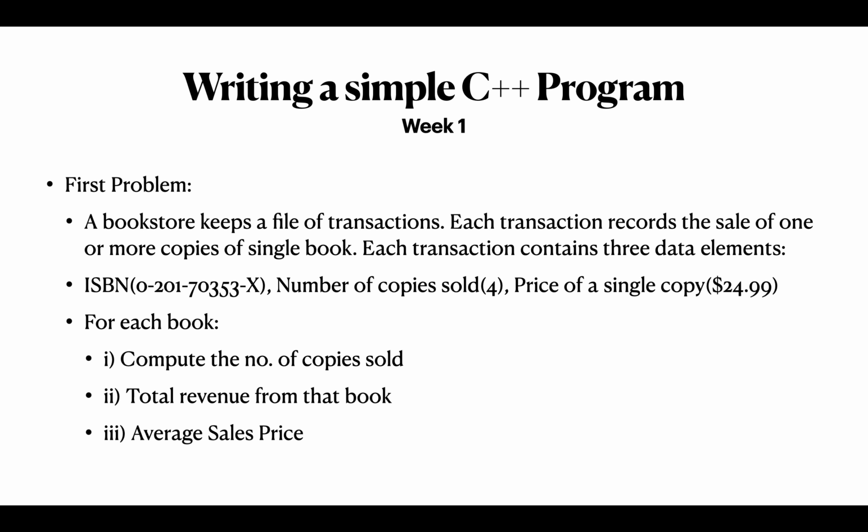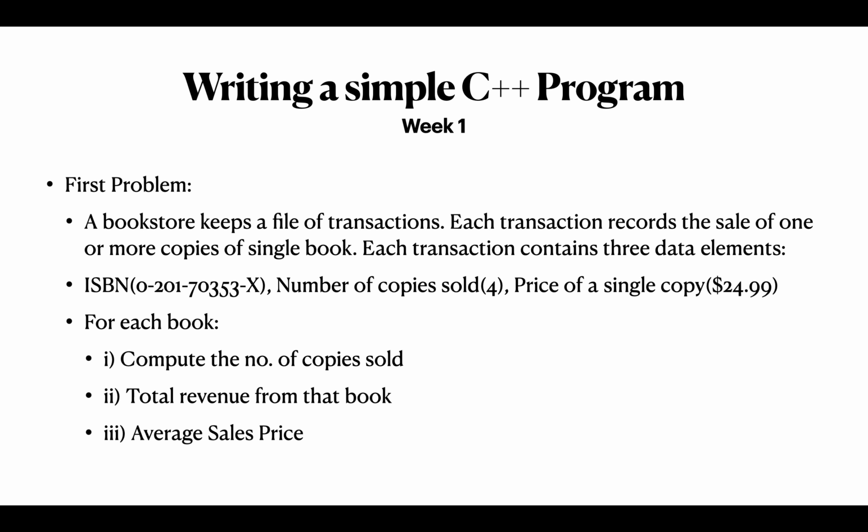The way to learn a new programming language is to write programs. In this chapter, we'll write a program to solve a simple problem for a bookstore. Our store keeps a file of transactions, each of which records the sale of one or more copies of a single book. Each transaction contains three data elements.